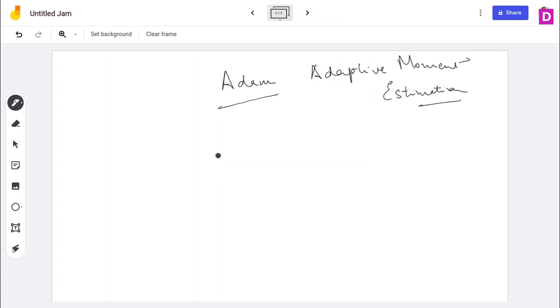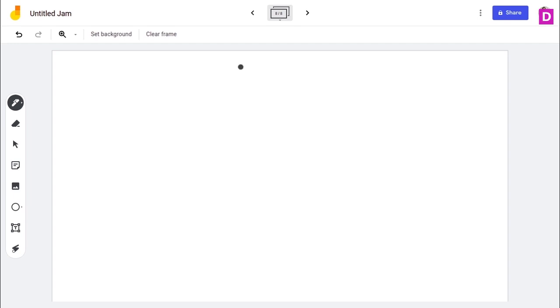So what Adam came up with was, along with using gradient squares, we will also use gradient. That means instead of doing EDA of just the gradient square, we will also do EDA for gradients.